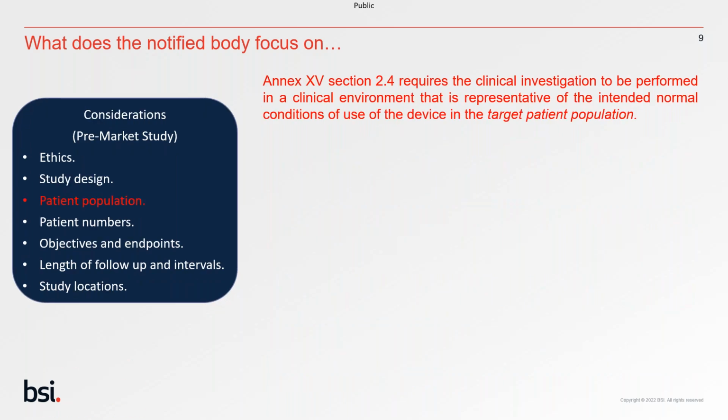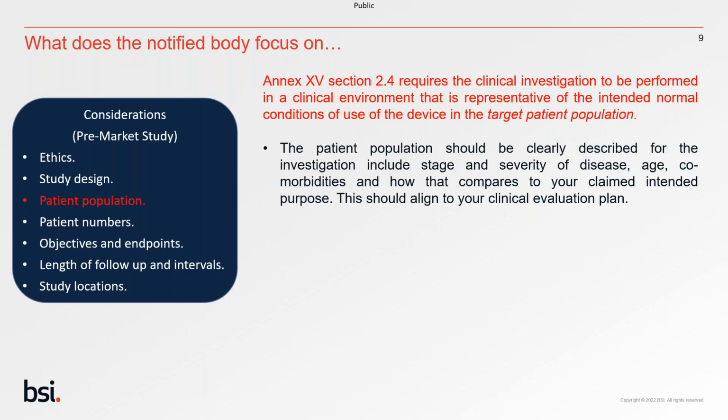The third area that we focus on as notified bodies is patient populations. And Annex 15, Section 2.4 of the MDR requires that clinical investigations are performed in a clinical environment that is representative of the intended normal conditions of use of the device in the target patient population.